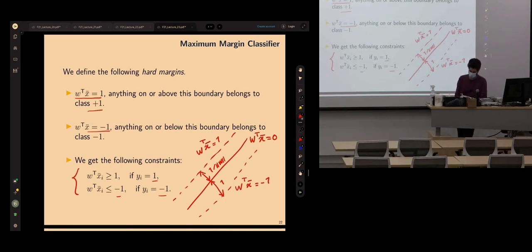Your question is that the points are going to be closer. Why are you setting this margin? What does it mean on and above? Because it falls between. Now, this distance is not 1, I reiterate. It's 1 over norm of W. What was the distance formula?